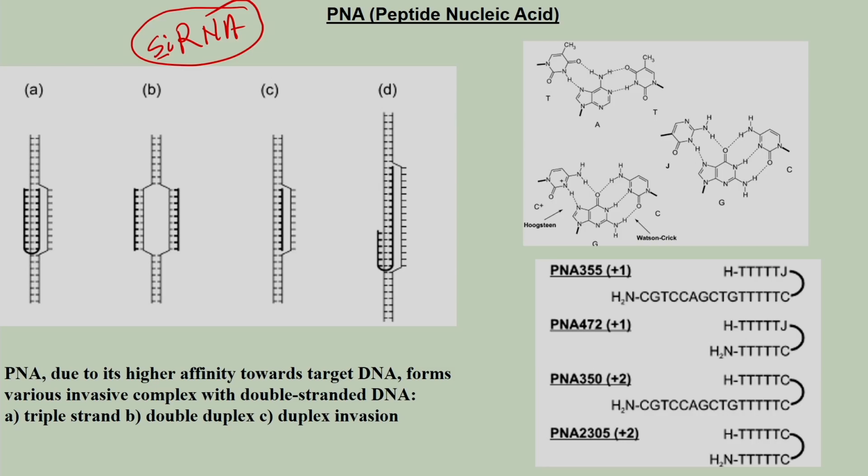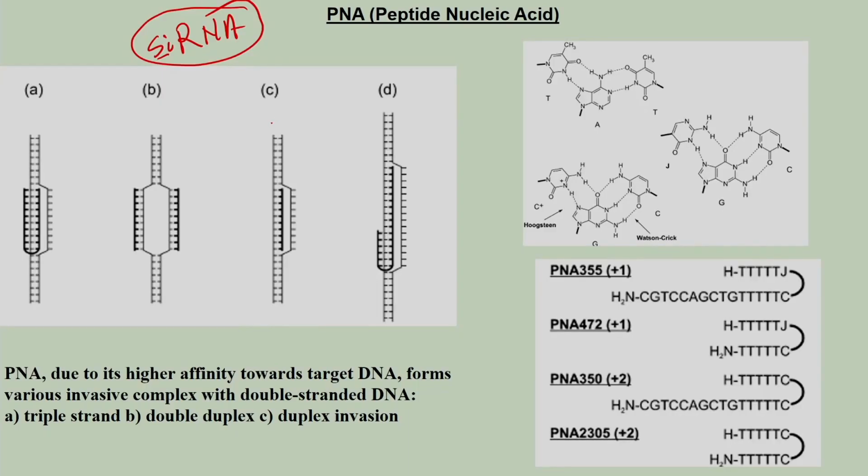Okay. So, peptide nucleic acids were used to study its binding or its hybridization with the target DNA, and these are the ways that a peptide nucleic acid can act. There are many different types.